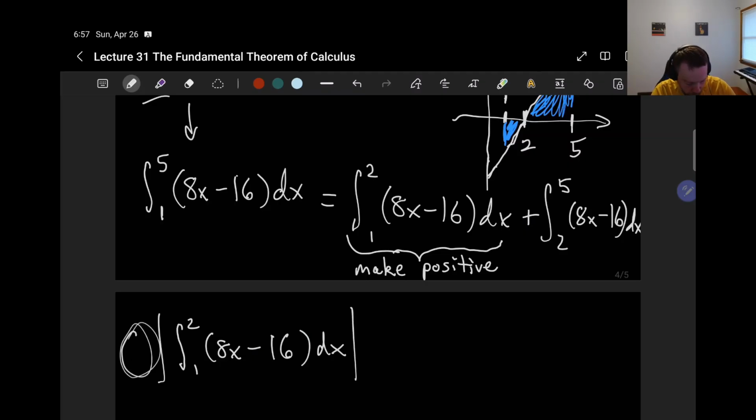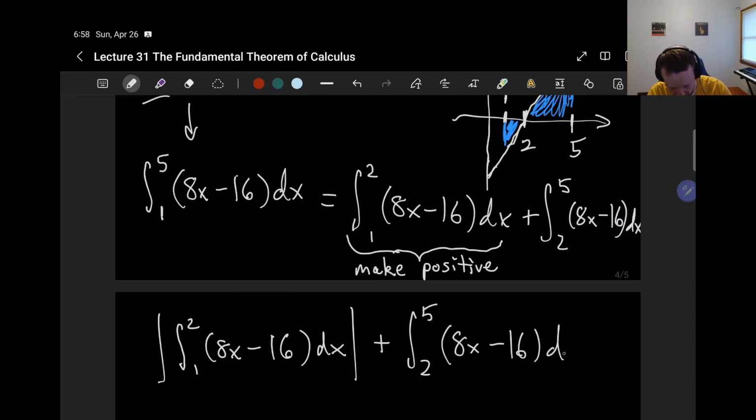Notice I'm not writing an equal sign here because it's not the same thing as what I wrote above. I'm now taking the absolute value, but this is what we want for our answer. We don't need to do anything fancy with this second integral because it's already positive.